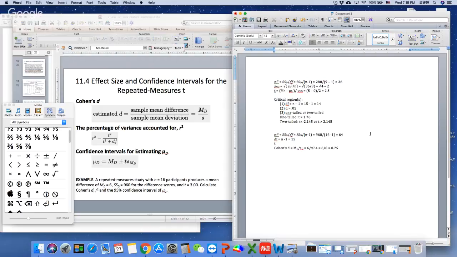And for the t, we need to compute it. t equals, we have the formula here, MD, which is 6, minus mu D, which is 0, divided by the SMD, which we need to compute.